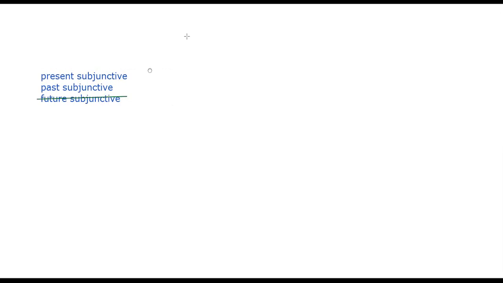But the present subjunctive can sometimes be used to express the same idea as the future subjunctive or even the past subjunctive. Because as I said, the past simple subjunctive can point to the future. And the present subjunctive can use should to point to the future. So these two can kind of convey the same idea, but we don't really have a future subjunctive. We just have this one here and this one here.